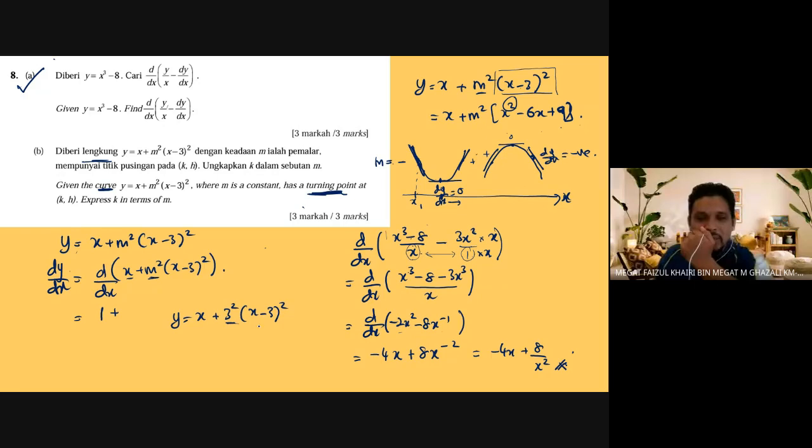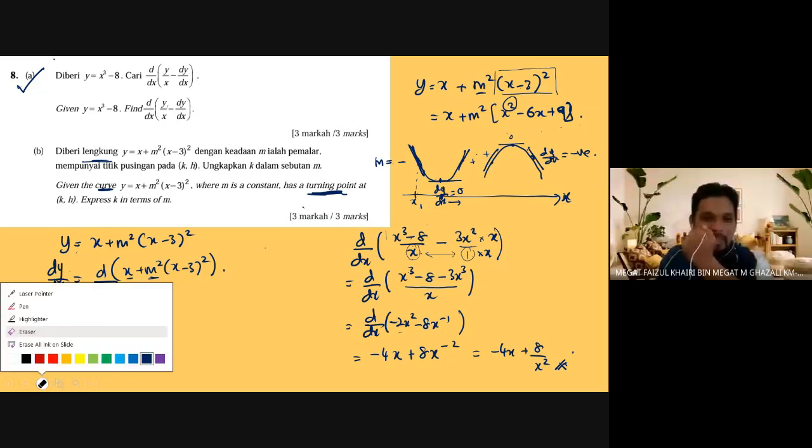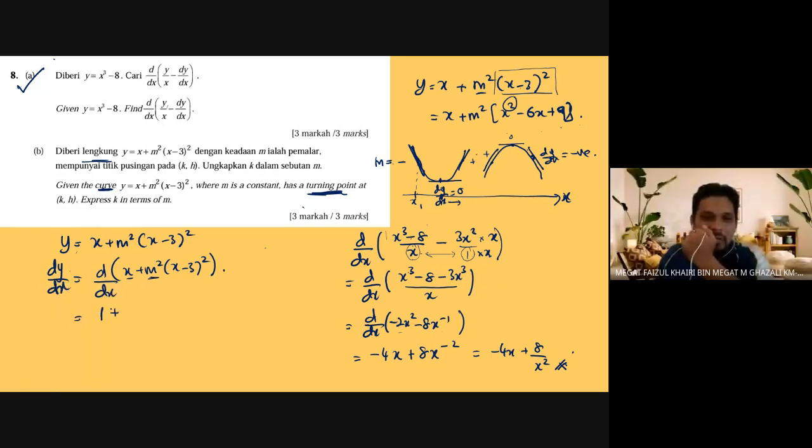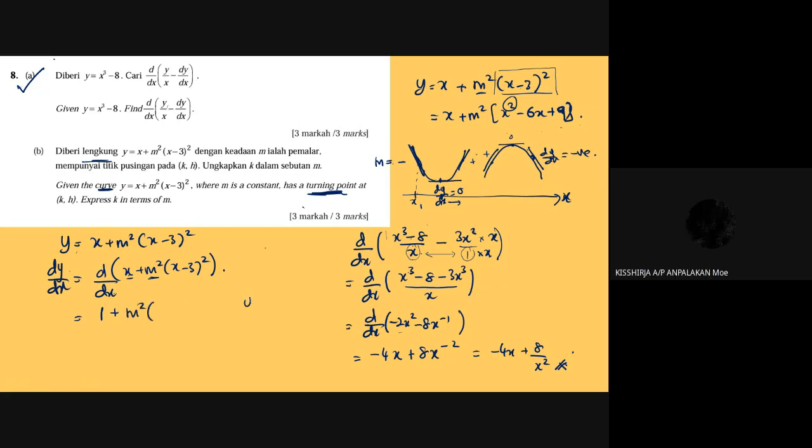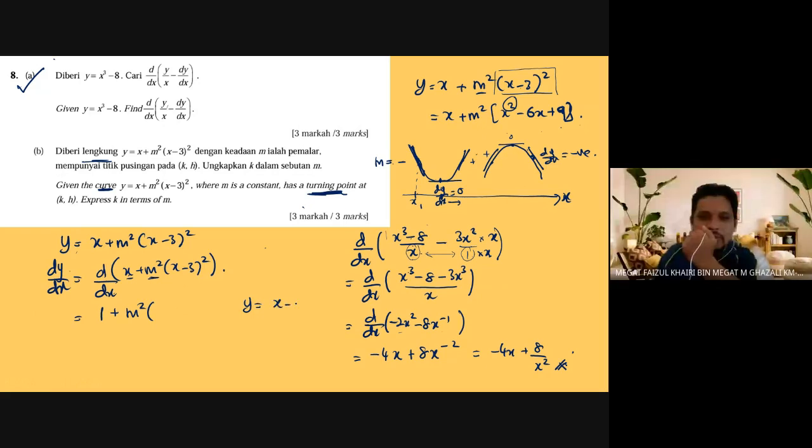A constant squared is still a constant, which means it affects nothing in this derivative process. The change is only between y and x, because we differentiate y with respect to x, not m. So differentiate x with respect to x, you keep m squared. Then y equals (x minus 3) squared.